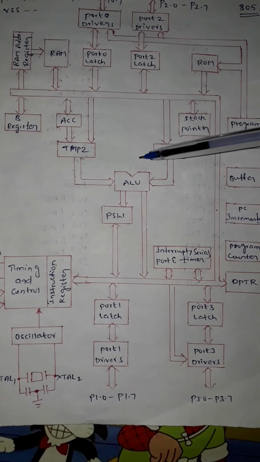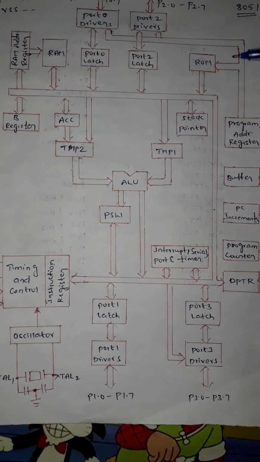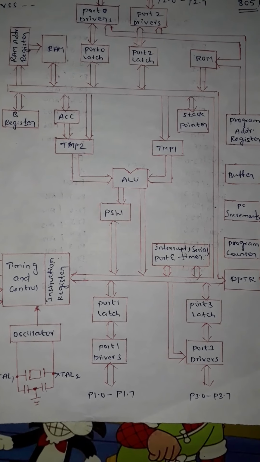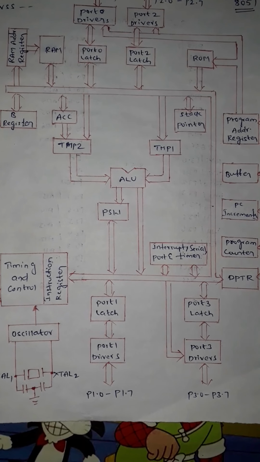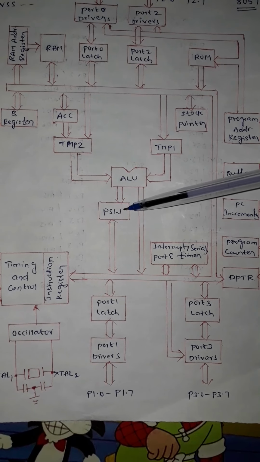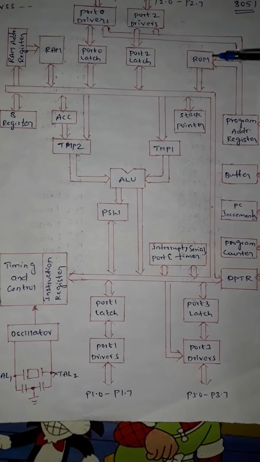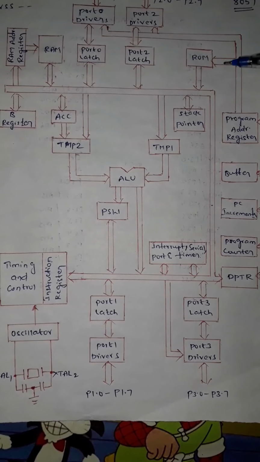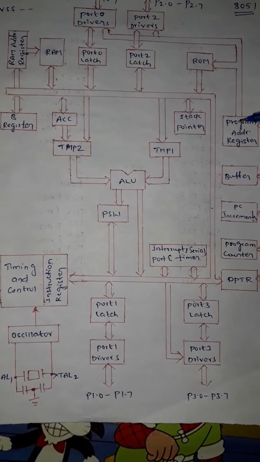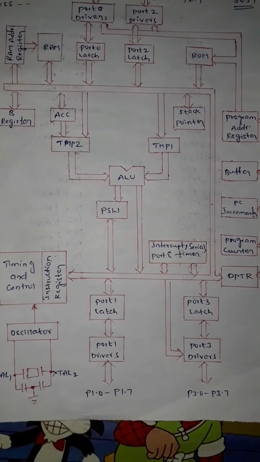Once some operation is performed in the ALU, it sets the corresponding flags in the PSW. PSW is the program status word, also called the flag register in the 8085 or 8086 processor. It contains a set of flags that are affected after executing an instruction in the ALU. Like if you perform an addition and the result is 0, then the zero flag gets affected in the PSW, and if there is a carry, then the carry flag gets affected.